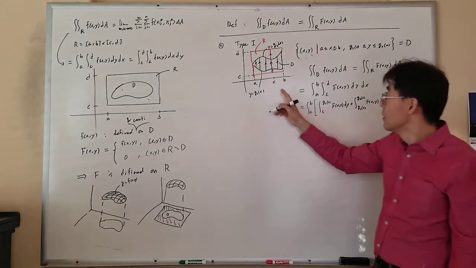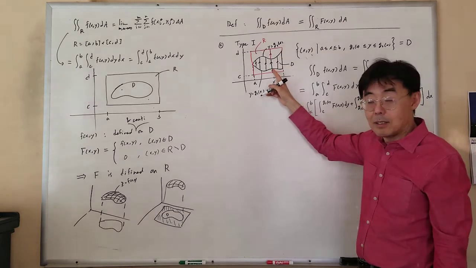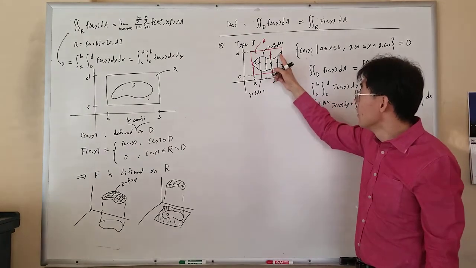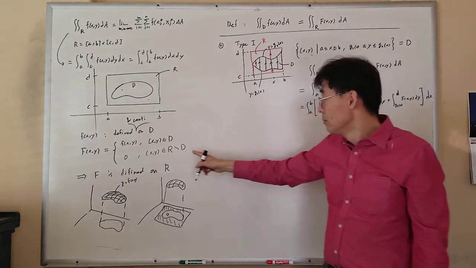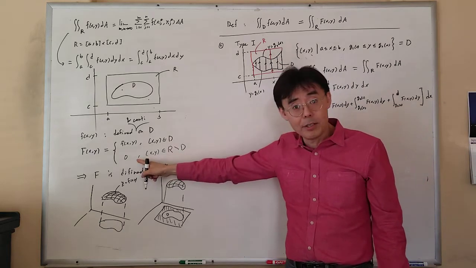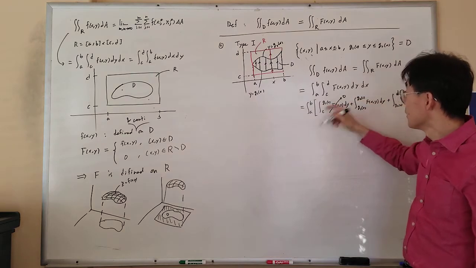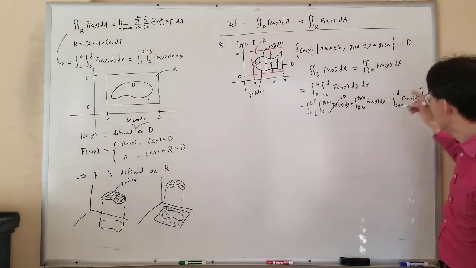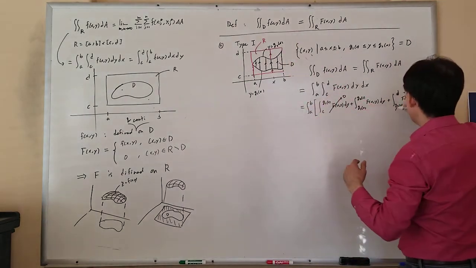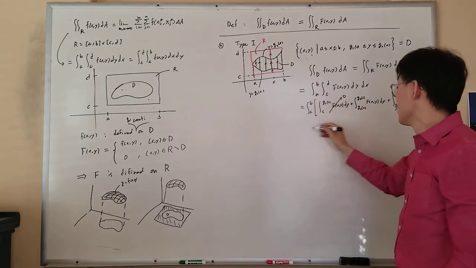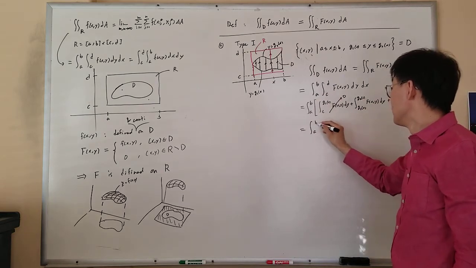Look at this. From c to g1 of x, you're outside the domain D but inside R, where your capital F is defined as 0. Over here is also outside D, so it is 0. So in the end, this is what you have.